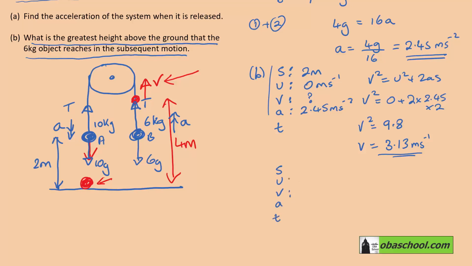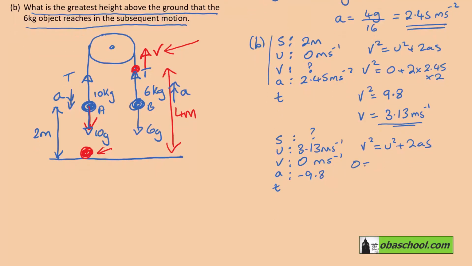It is going to travel from 3.13 meters per second, and at its greatest height, this would be 0. We really want the distance, and we know that once it's freely under gravity, a is negative 9.8. So we have v squared equals u squared plus 2as again.